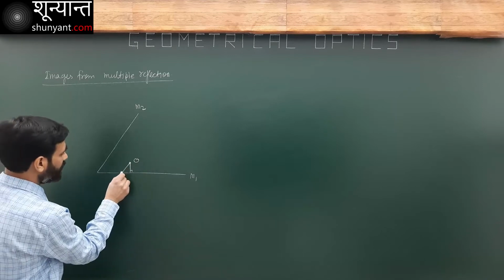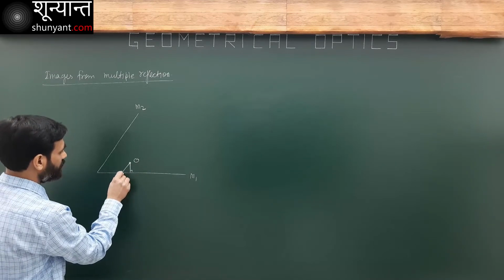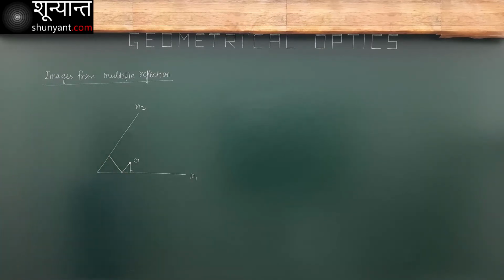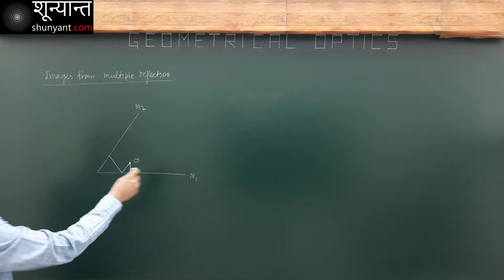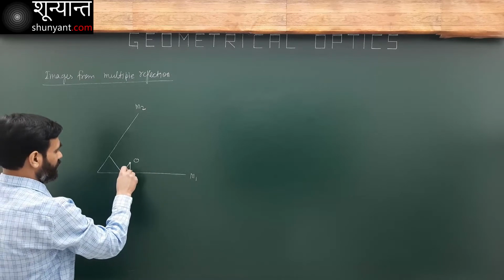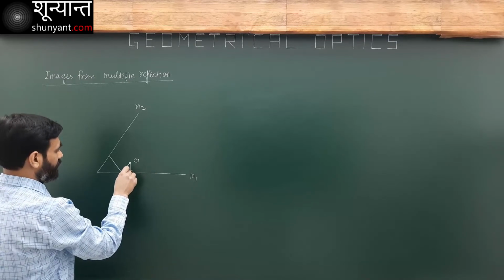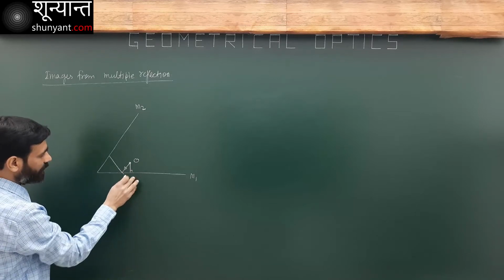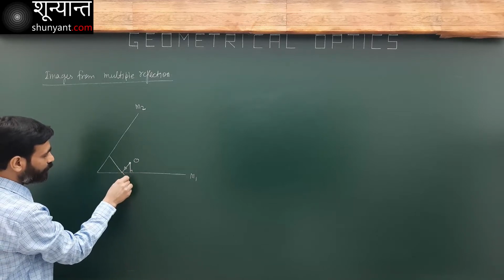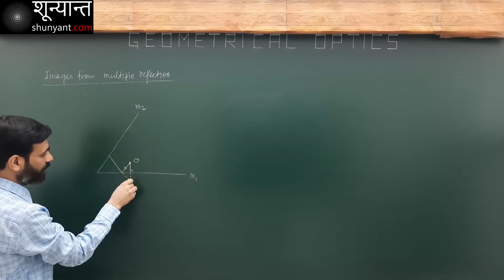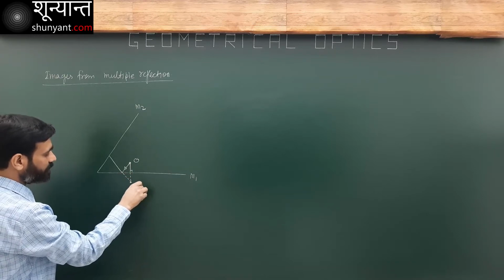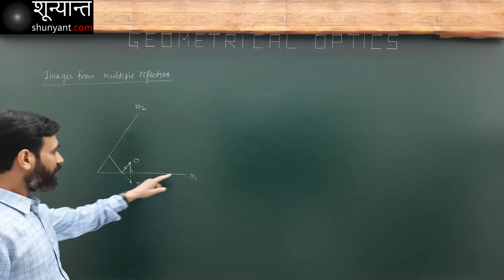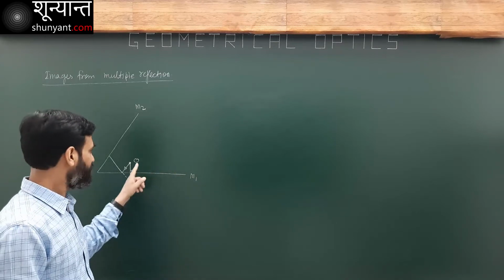It will reflect like this here. Now if I extend these two backwards, they will appear to meet at a point here. Now what is this point? This is the image, the first image from M1.